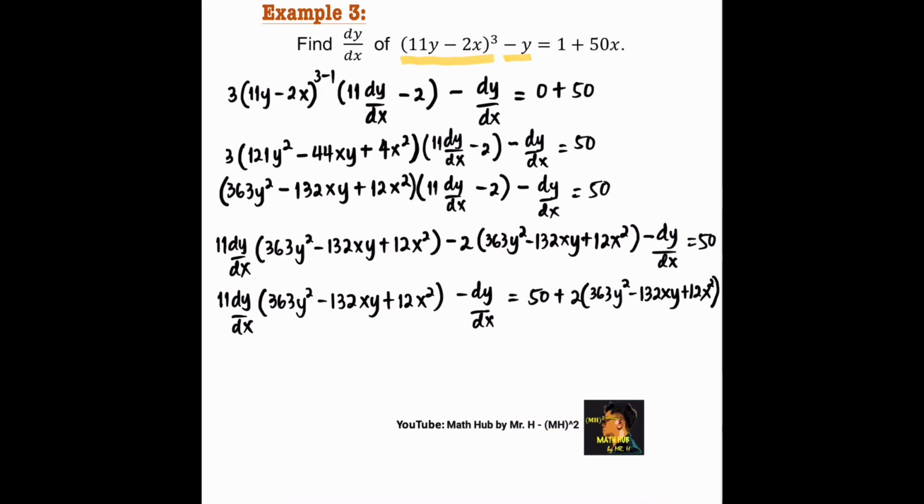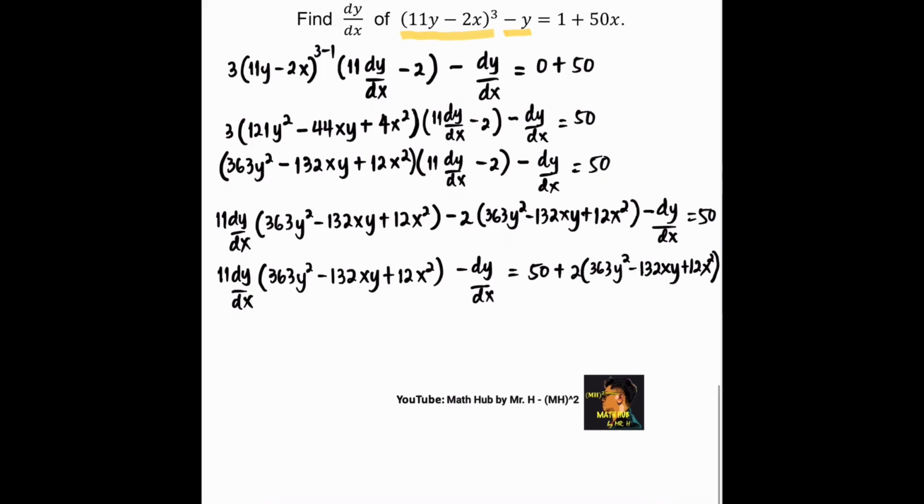Next is we need to factor out dy over dx from the left hand side. So dy over dx times, if we take out dy over dx from this term, definitely we will be left with 11 times this whole thing.